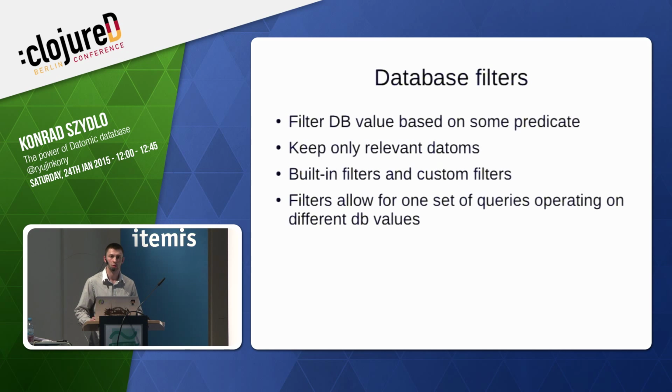In Datomic there's a number of built-in filters, and we also can create our own filters. And using filters allows us to pass a database value to our queries or functions.